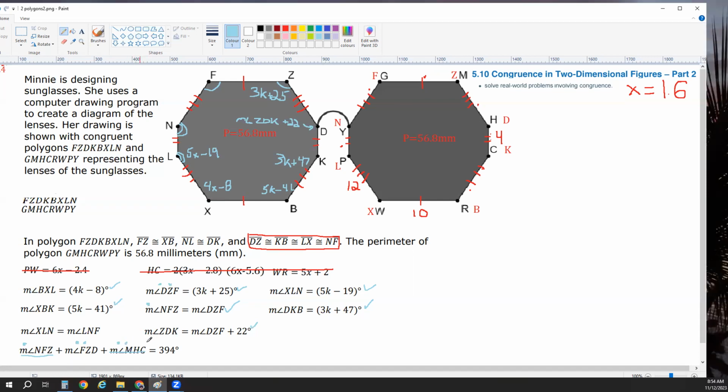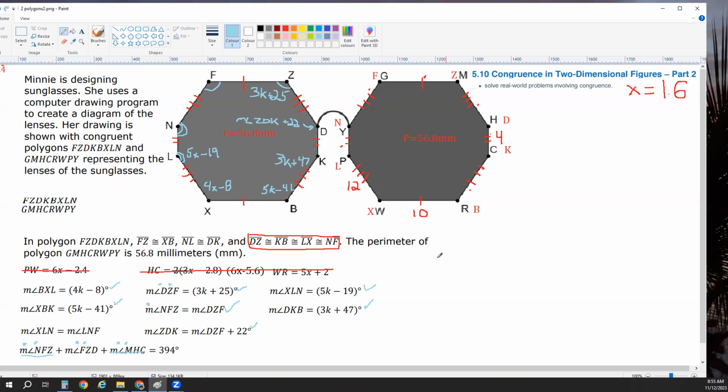Okay, so what is DZF? Haha, I know NZF. What is NZF? NFZ is congruent to DZF. Okay, so these are all 3K plus 25.